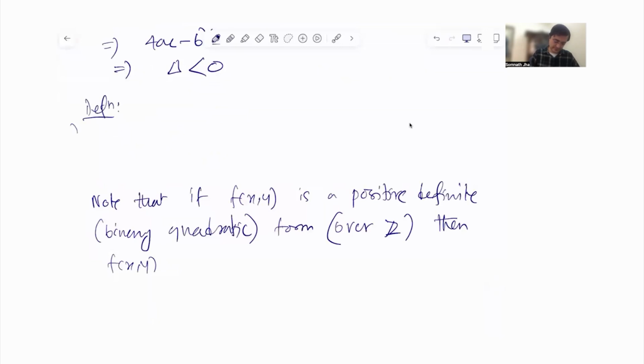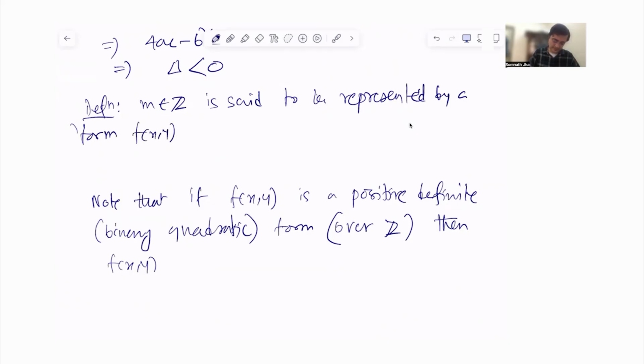Definition: m in Z is said to be represented by a form f(x,y) if there exist x and y belonging to Z such that f(x,y) equals m.